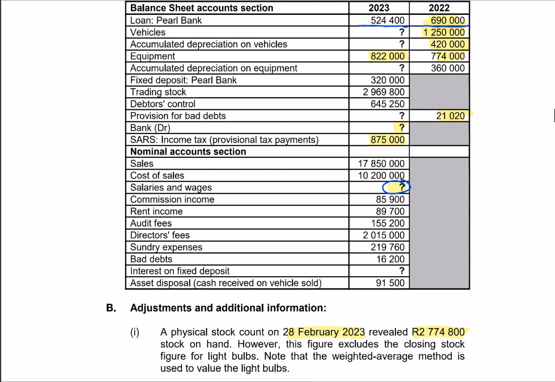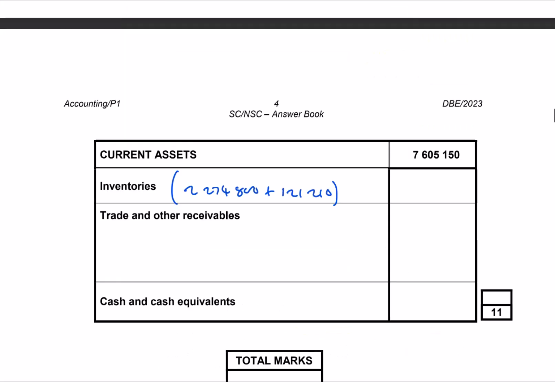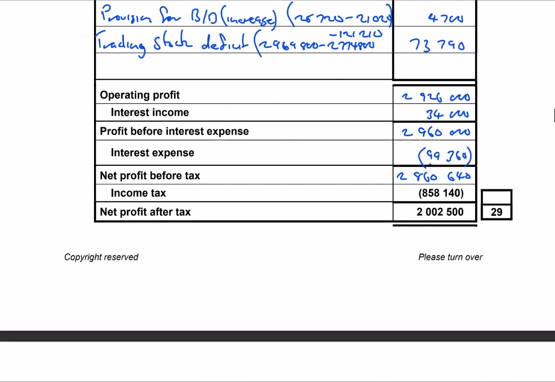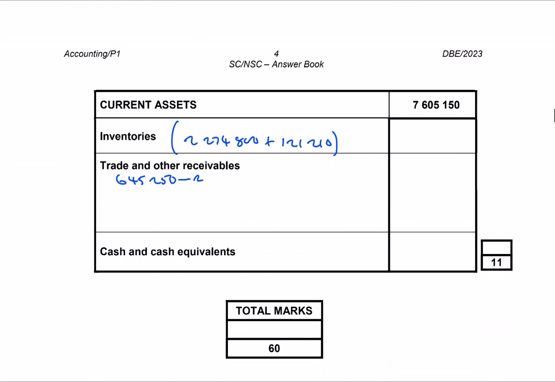That is 645,250 minus this amount here, 2,250, minus 25,720, which is the current provision for bad debts.